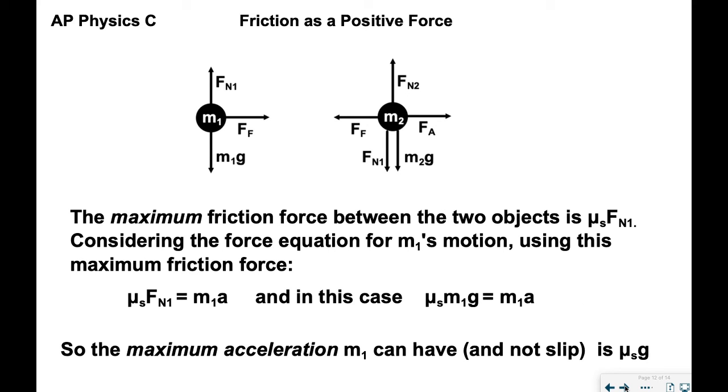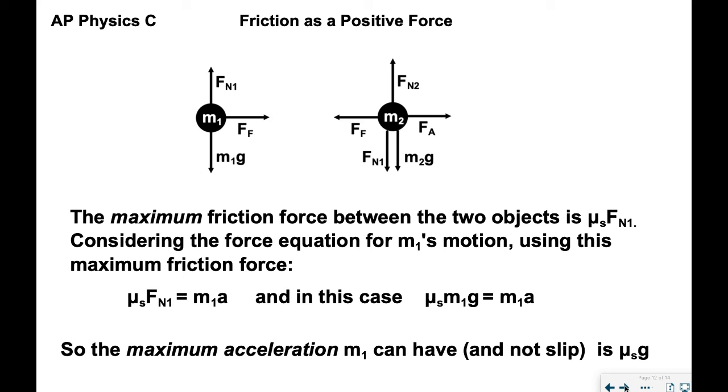So when we look at that maximum static friction force, that's mu static times Fn1. So that's the maximum that's available between the two objects.